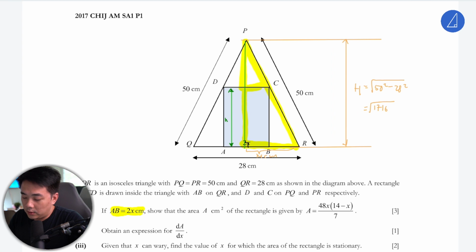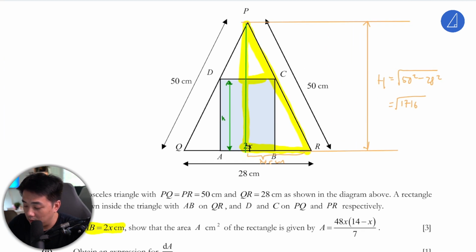Alright. So then what we could do is find the total height, because this is x over here. We could let this be h instead. So I am going to let this be small h on top. I know that the ratio of h over x is equal to this whole thing over this 14 here, so it's this whole root divided by 14.